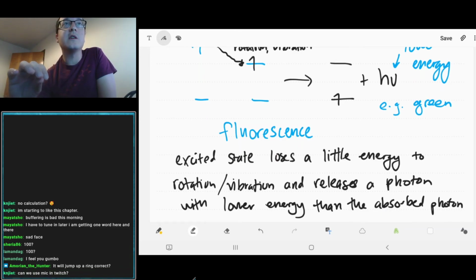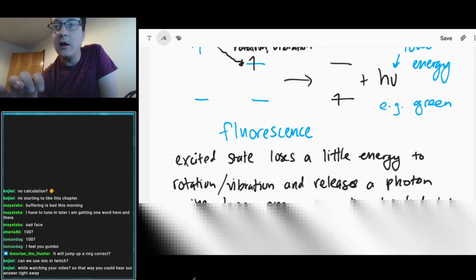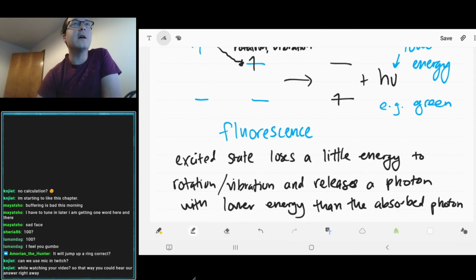Can we use mic and Twitch? Like, you want to talk? I can make it that way. If you want to talk, go to the classroom that we're in. I can turn on the audio sounds. Yeah, of course. So in that case, let me just turn on desktop audio. Okay, so if you want to say something, go in Discord and just go into our classroom channel.